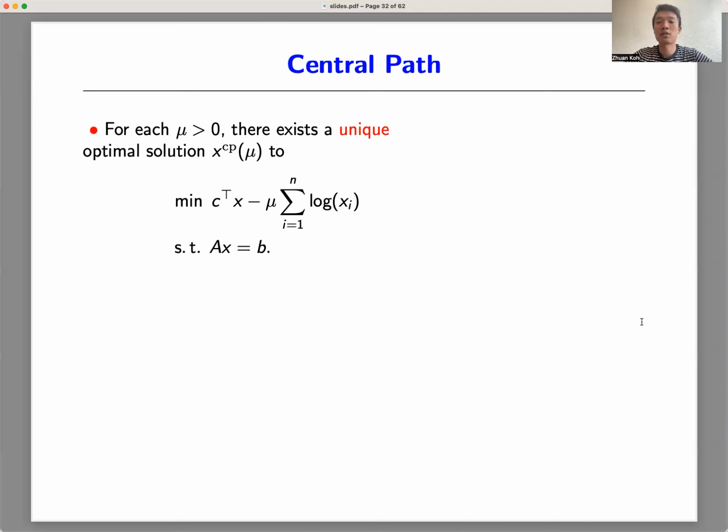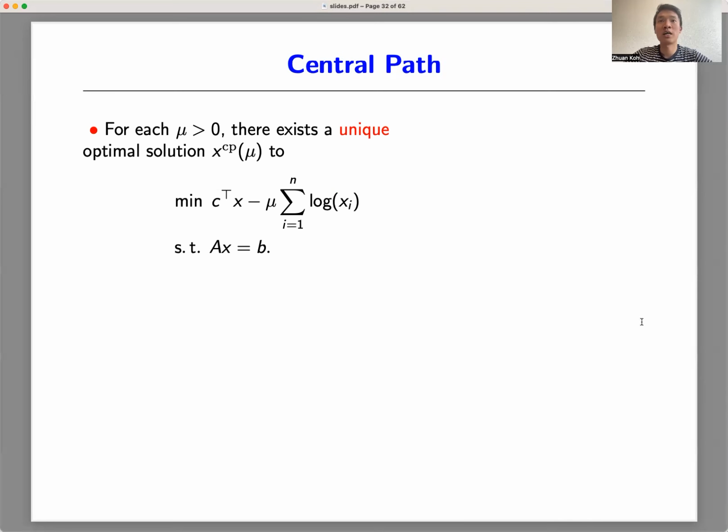So let's recall the LP in standard equality form. Minimize c^T x such that Ax equals b, x non-negative. Let's drop the non-negativity constraints and encode them as a penalty function in the objective.